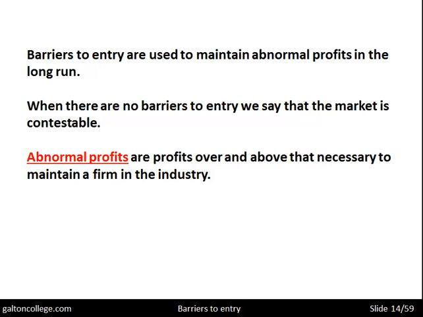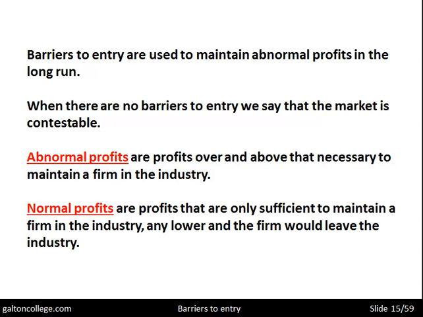And that's our definition of abnormal profits. Normal profits are profits that are only sufficient to maintain the firm in the industry. Any lower levels of profit and the firm would leave the industry. So normal profits is when the firm is just making enough to keep it going.